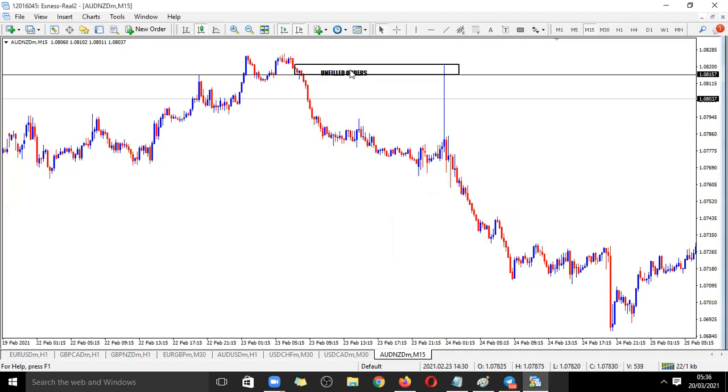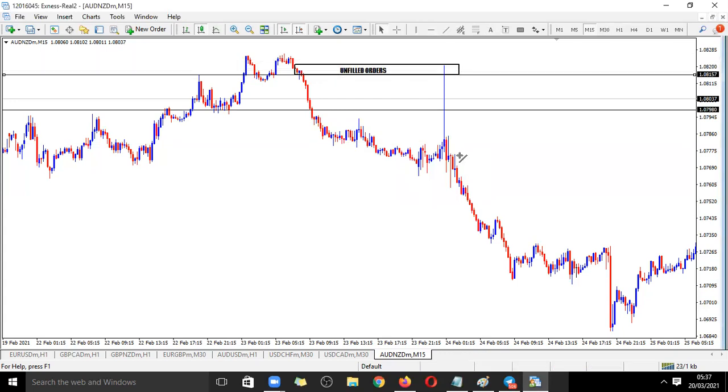So now before the interest rate decision was released, we didn't have a clear compression because price was around here, around there. Price was playing around there before the event. So as soon as the event got released, price just went up, triggered the unfilled orders, and then rejected and dropped in the original direction. So basically, that's the concept of the rejection technique.